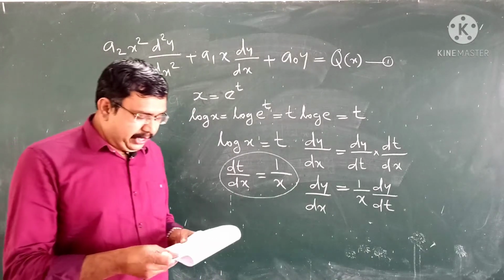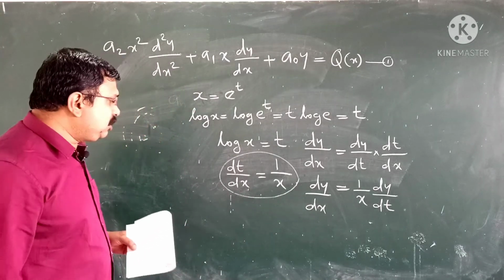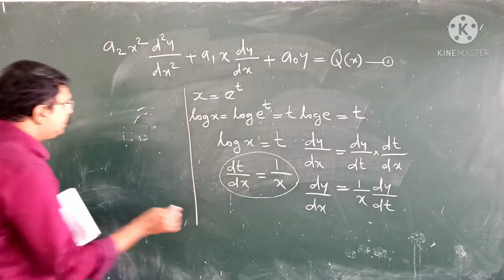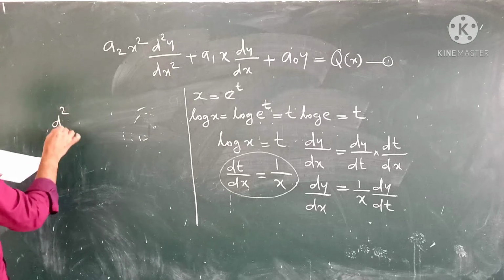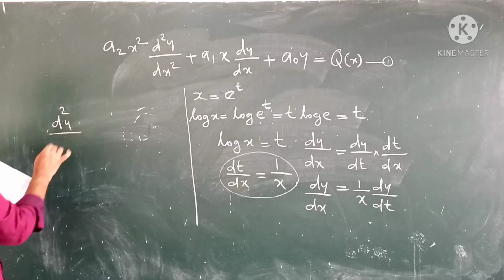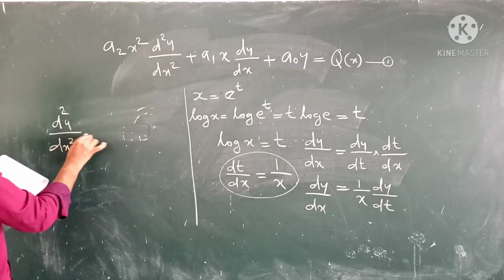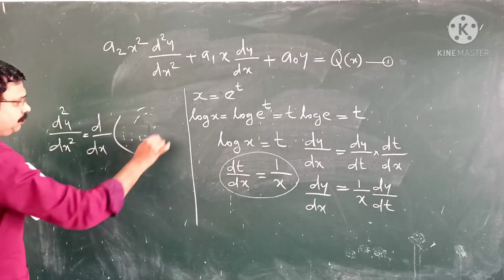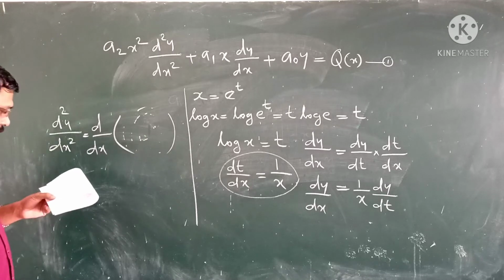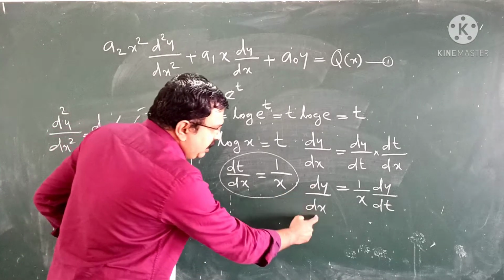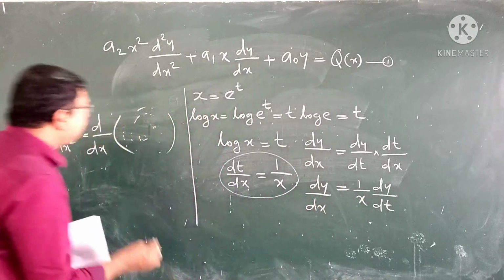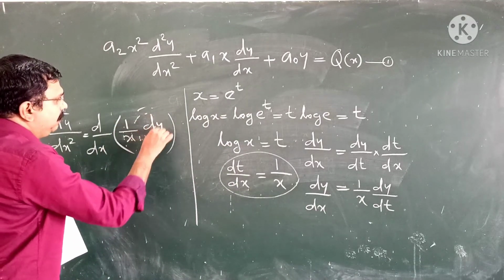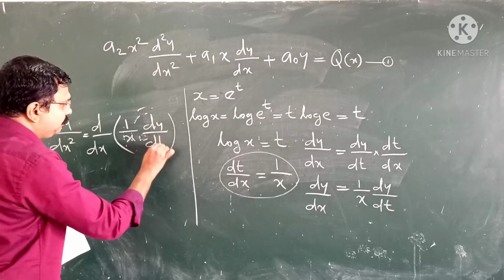Now we want to find the value of d^2y/dx^2. That is equal to d/dx of dy/dx. But we know that dy/dx is 1/x into dy/dt.